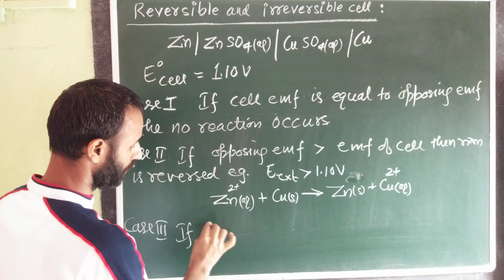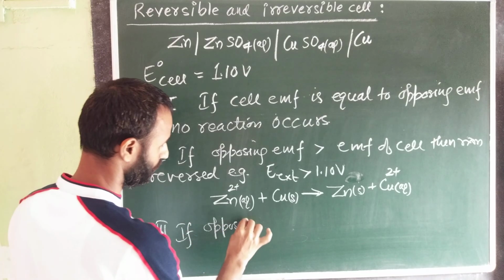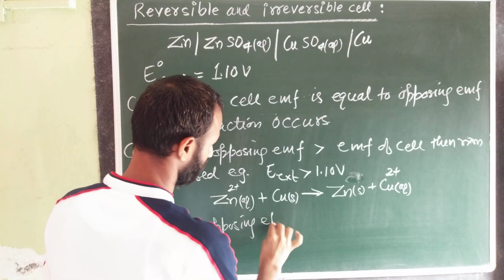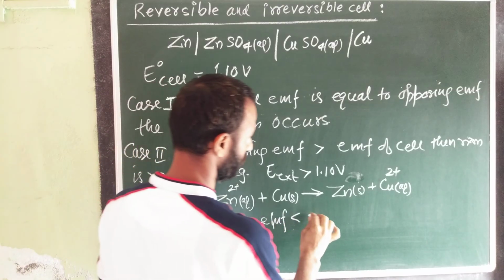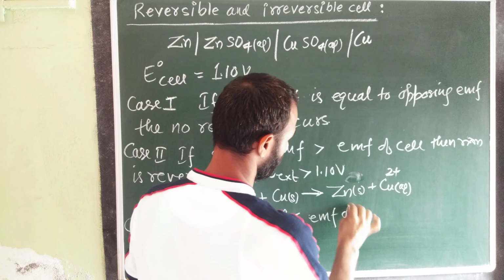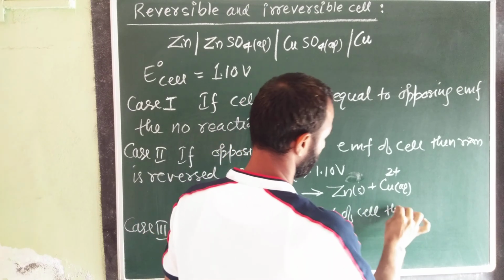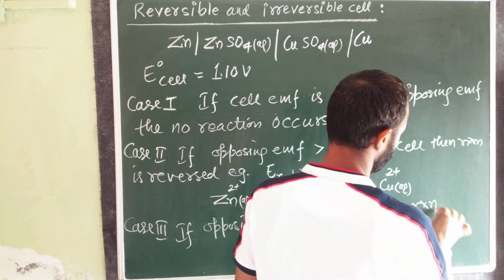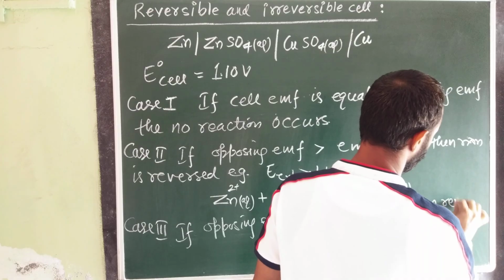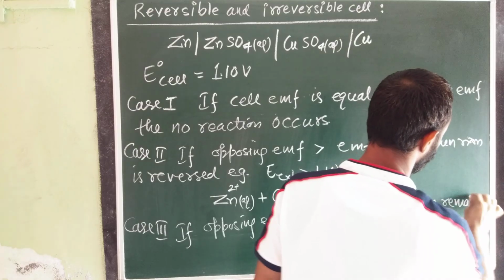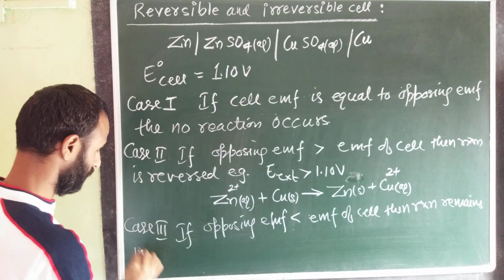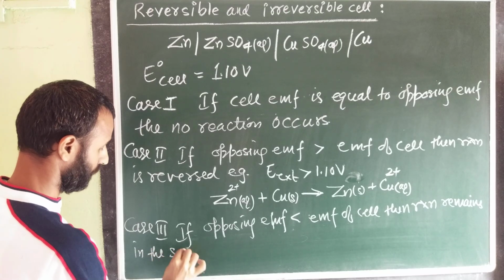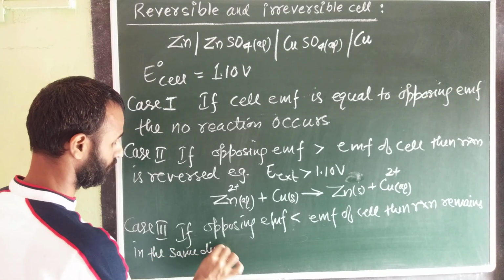Now case 3. If the opposing EMF is less than the EMF of the cell, then the reaction continues in the same direction.